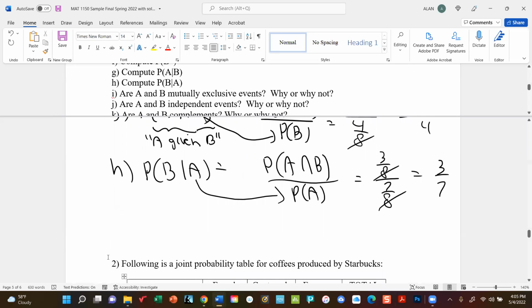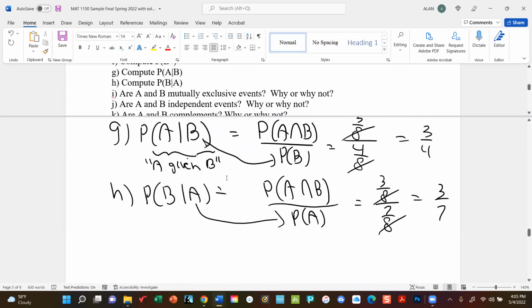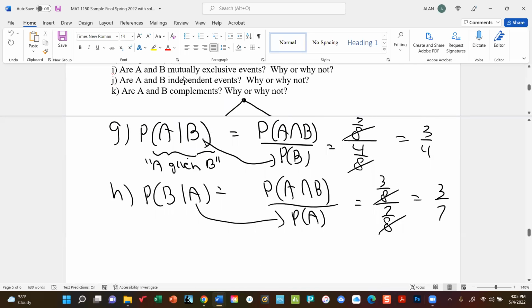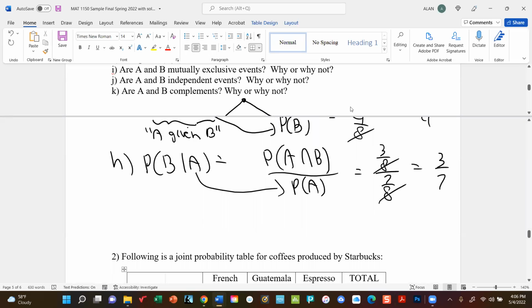Now, as it turns out, we have 3 conceptual questions. They're going to ask us about whether or not the events are mutually exclusive, independent, or complements. Now, we already introduced these earlier. We remember that mutually exclusive means that they have no elements in common, or that the probability of their intersection is 0.